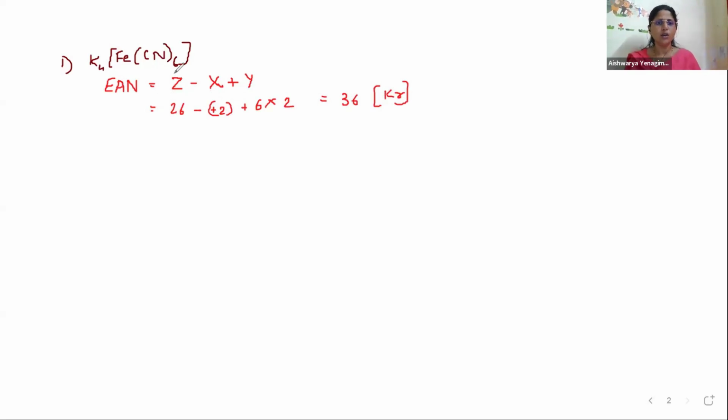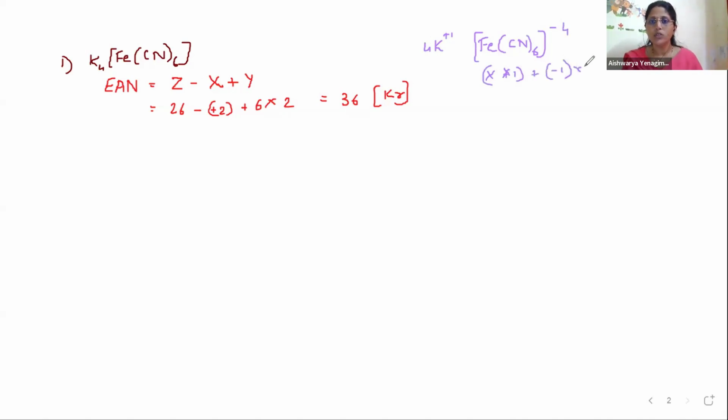Now the question arises: how to find the charge on the metal atom. You want to calculate the charge. See, K4[Fe(CN)6], how does it split? It splits as 4 K+ and [Fe(CN)6]4-. You want to calculate the charge of Fe. So Fe, let me keep it as X, into 1, one Fe atom, plus CN, what is the charge?